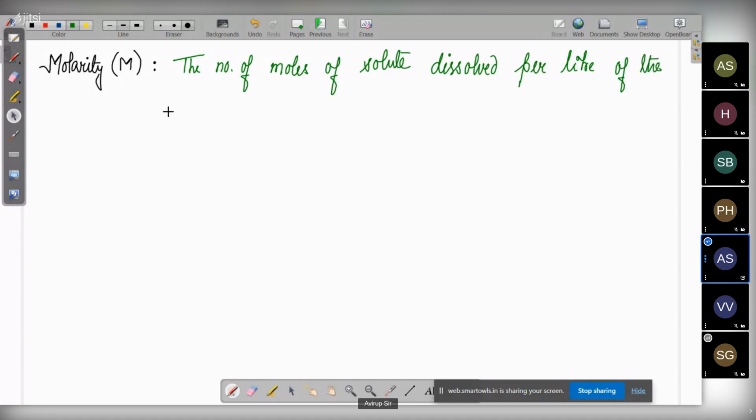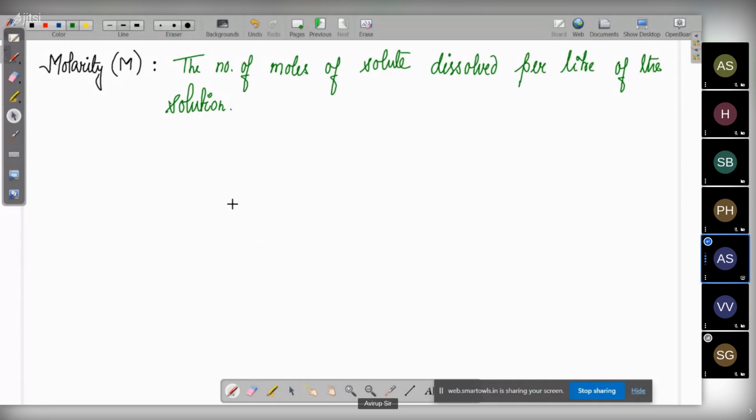This is the definition of molarity. This new unit of concentration that we are learning today is known as molarity. And how do you define molarity? It is the number of moles of the solute that is dissolved per liter of the solution.